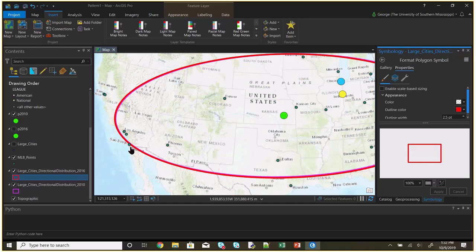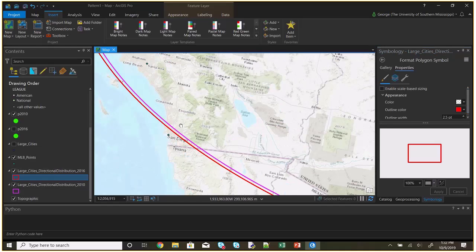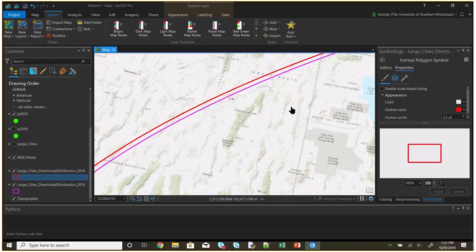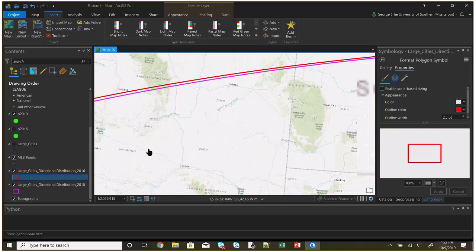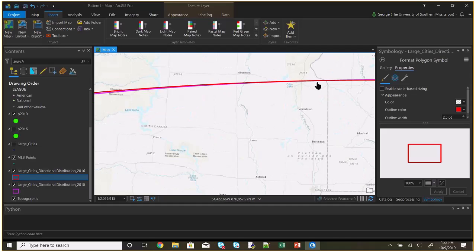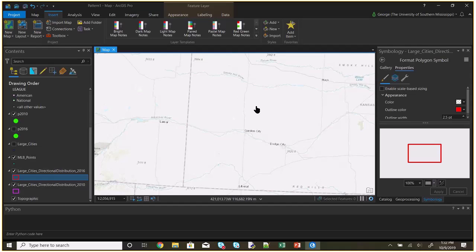Okay, they almost look identical, so let's zoom in here. Again, it looks like it's just showing us the shift in the south and west direction. See how, when I get almost due north, they're almost the same line again. So in other words, the population didn't change much north to south. It mostly shifted east to west.